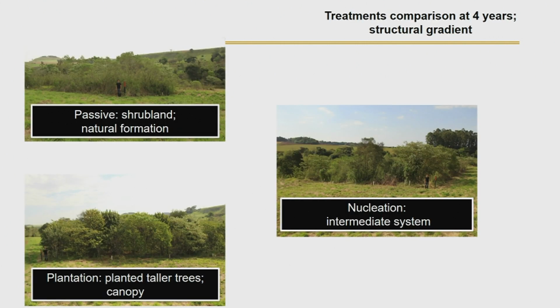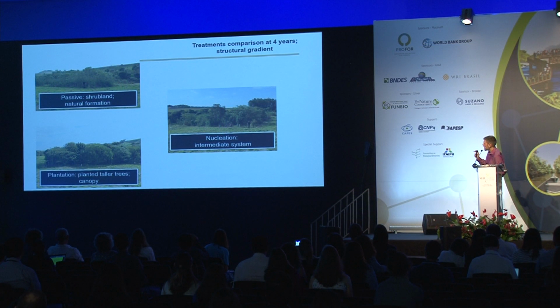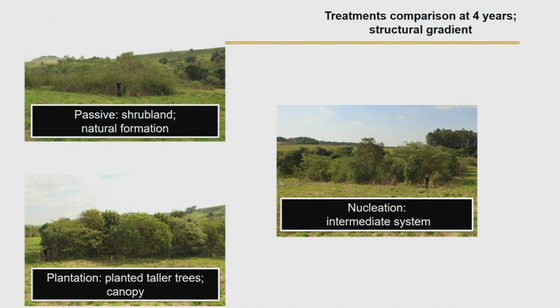So if we consider the phytophysiognomies, we can notice a structural gradient. The passive restoration is more a shrubland, more a natural formation after 4 years here. The plantation system is the opposite.